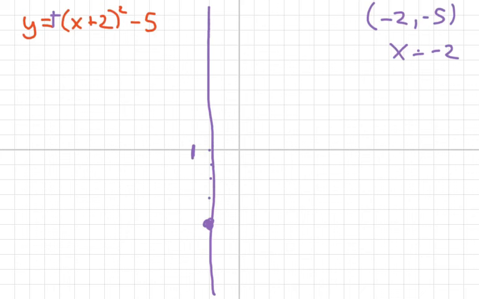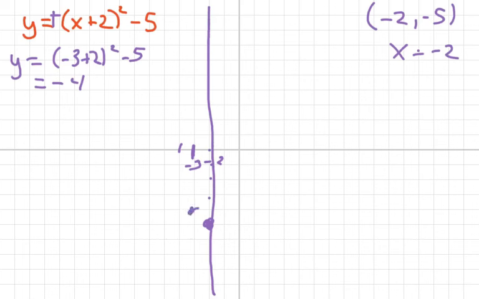So I'm going to plug those numbers in. So this is -2, this is -3, so I plug that in. Y equals (-3 plus 2) squared minus 5. That gives me negative 1 squared is 1, minus 5 is negative 4. So at negative 3 it goes to negative 4 right there.